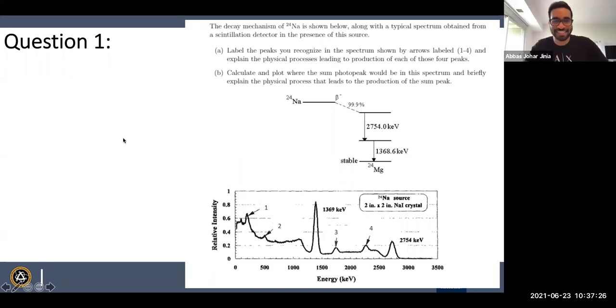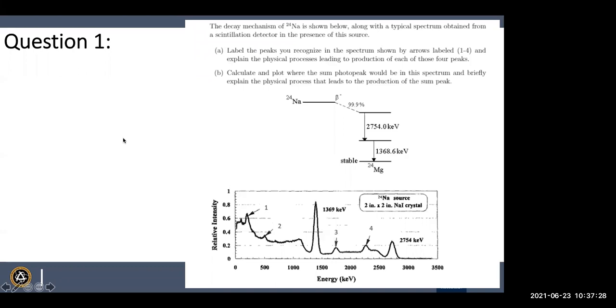Number 4, I think it will be a single peak for 2754. And 3 will be, I think, a double peak for that same gamma. If we move to number 2, I think it should still be the single peak for the 1369 gamma, and then the 1 is for the double. Although I'm not so sure, or 1 can be due to backscatter.